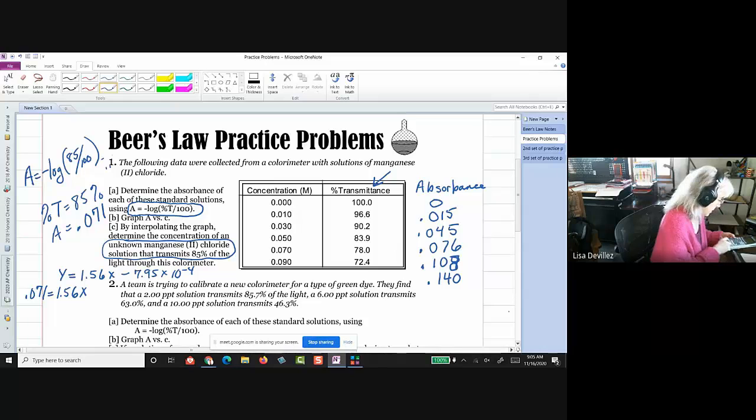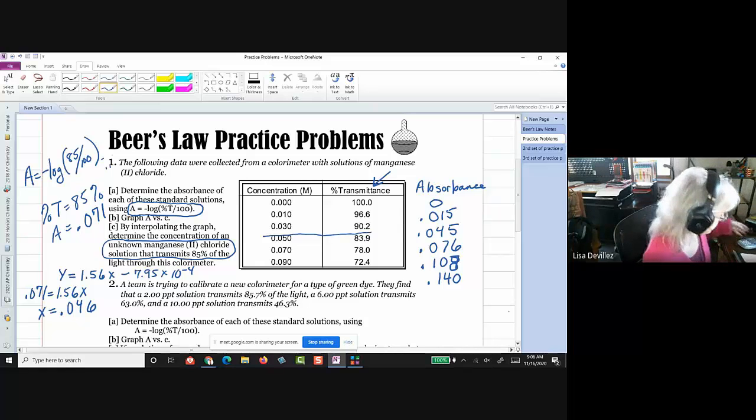Okay, and divide by 1.56. So I'm getting X is 0.046. And let's see, does that make sense? So 85 would fall in here. Yes, okay. So that does make sense. It's in between what we would want.